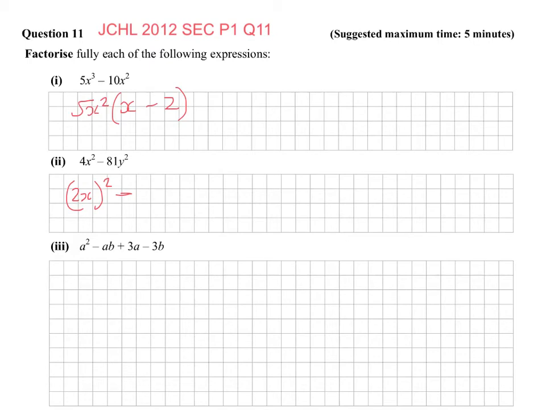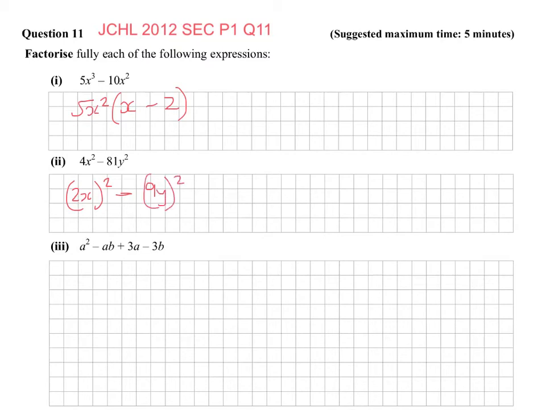It's probably one of the few times where you just concentrate on the actual term. You don't think about the sign in front of it. So we have 81y squared, and what is squared to give me 81y squared? The square root of 81 is 9, and the square root of y squared is y.